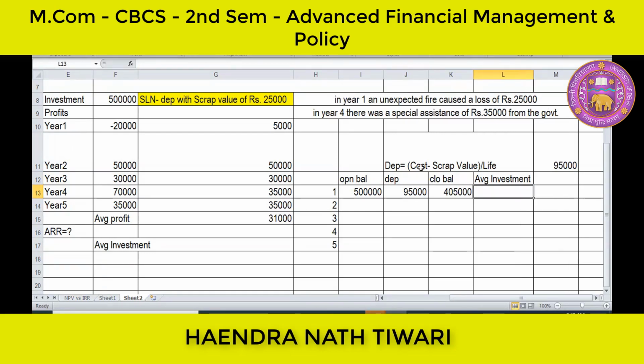What is average investment? Average investment is opening plus closing divided by 2. Whatever is the closing balance of the previous year will become the opening balance of the next year. Let me copy this to these places.